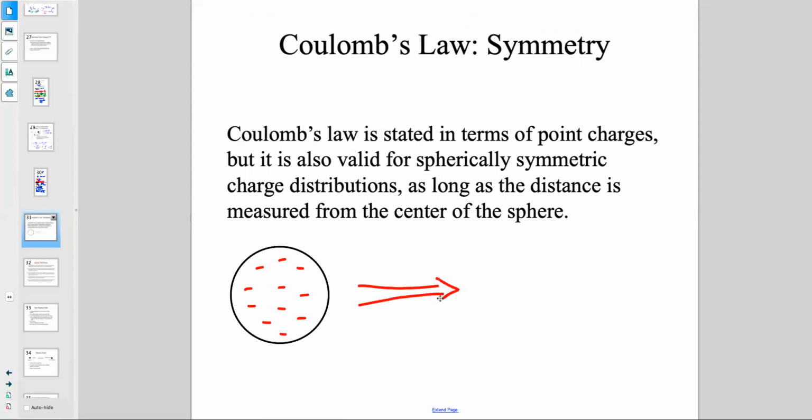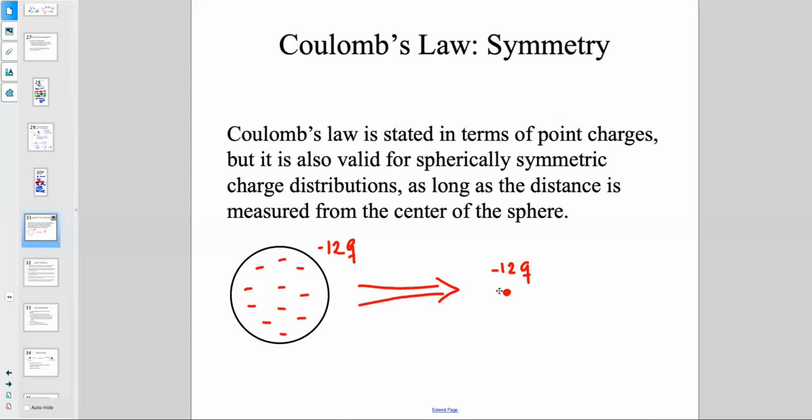You can think that this is a point charge with the same charge. For example, if this is negative 12Q, then you can think that this negative 12Q is centered at the center of this sphere. It'll do the same. It'll be the same object. But rather than having a spherically distributed object, I can think of it as a point charge positioned at the center of the sphere with the same amount of charge.